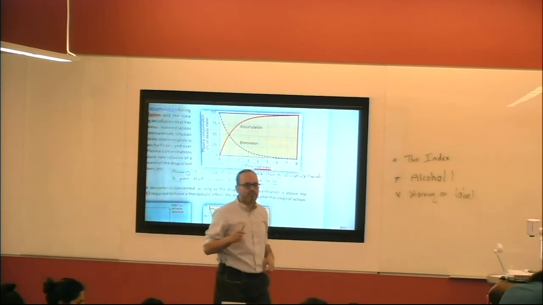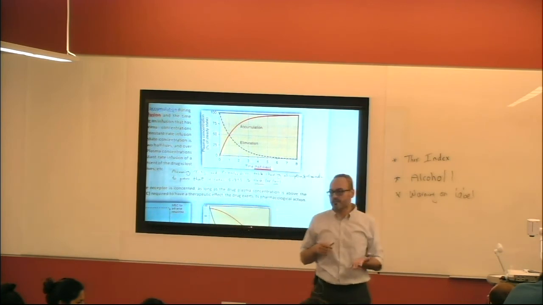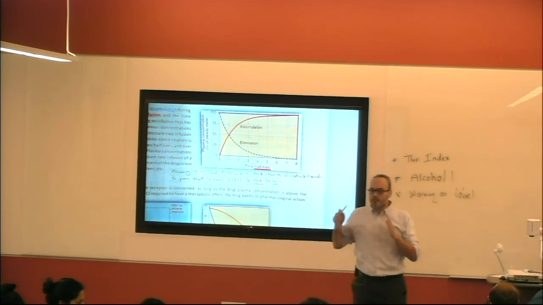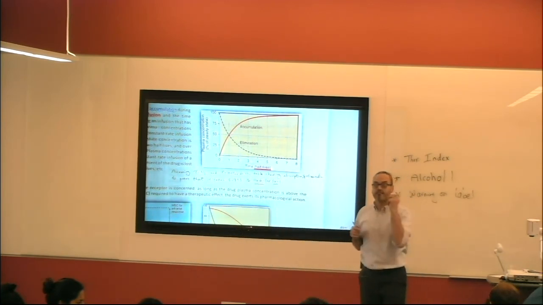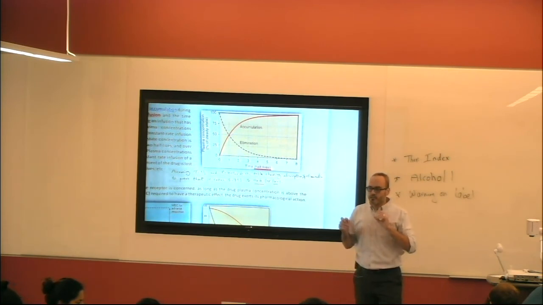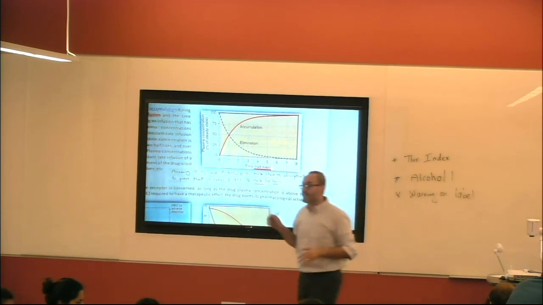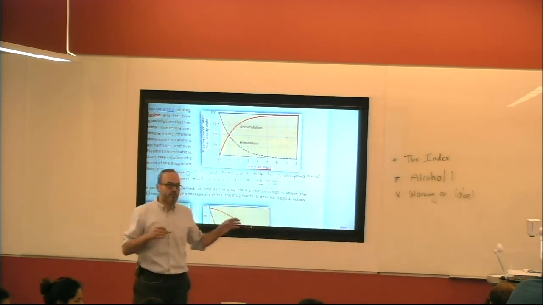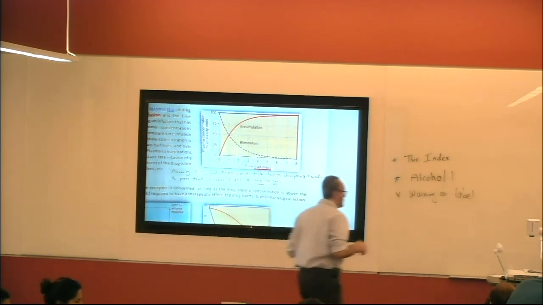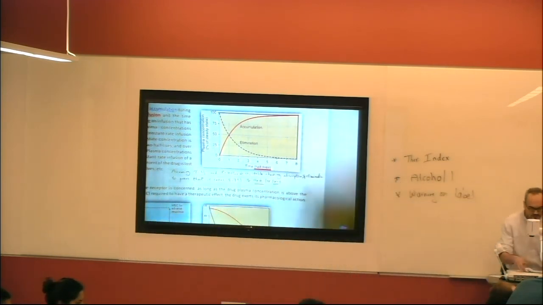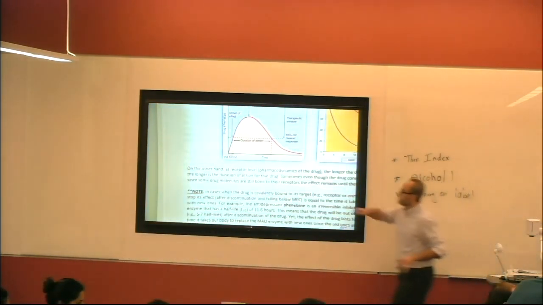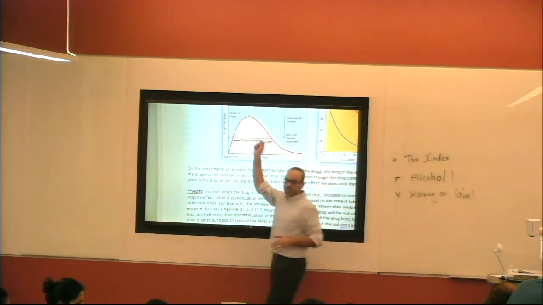Why? You might think, but there is another factor, which is absorption, right? Normally, absorption is a fast process, so absorption and distribution are much faster than elimination. So in the curve, just like the curve we saw earlier of the oral absorption, the drug goes up quickly, and then we start worrying about elimination.